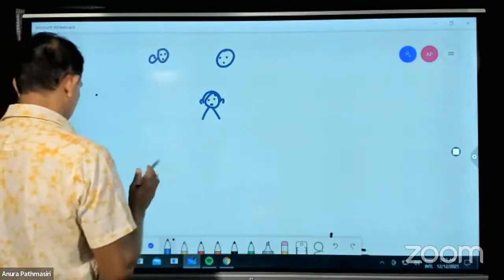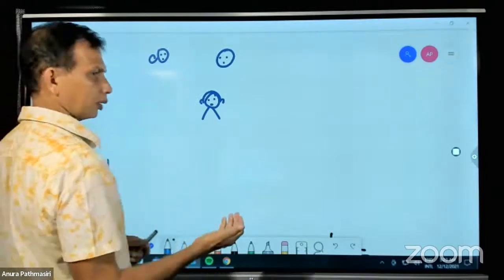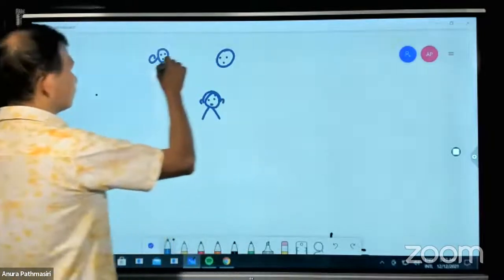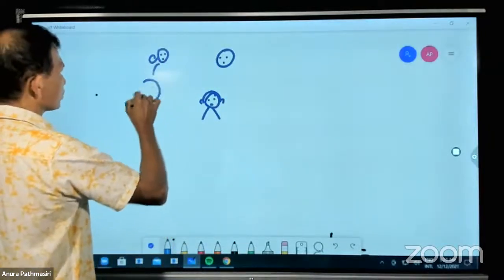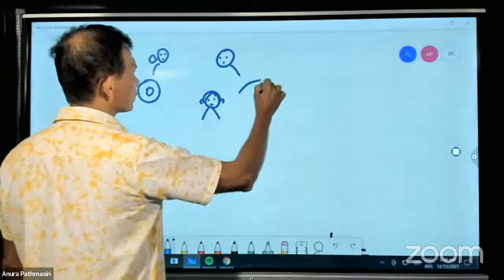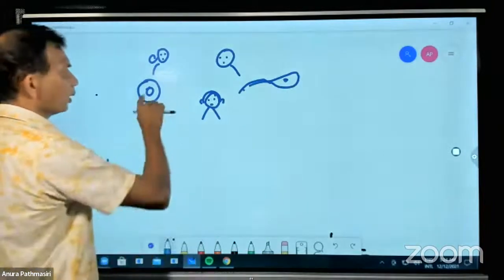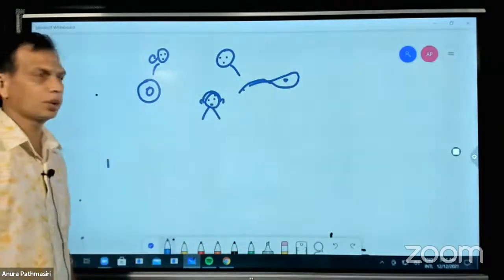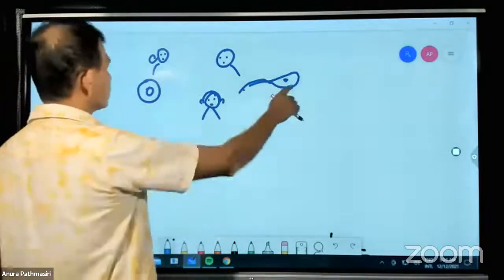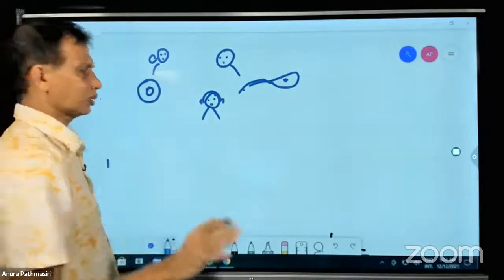How is that? Mother has the ovum cell. Father has the sperm cell. They are genetic cells, which are produced by meiosis.